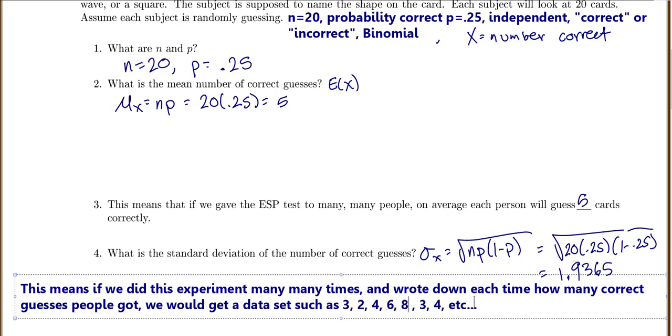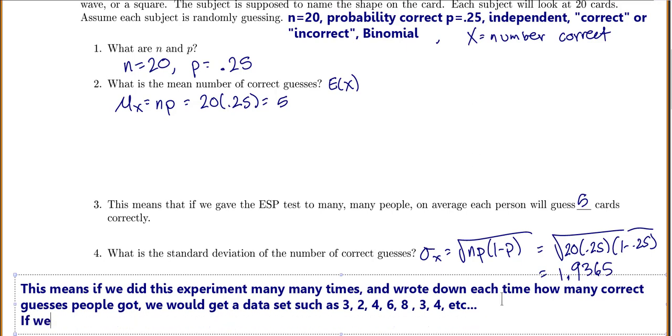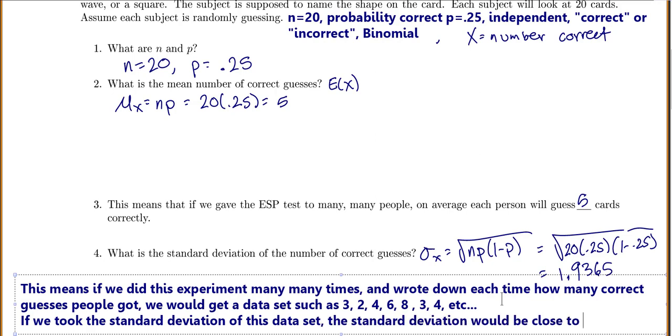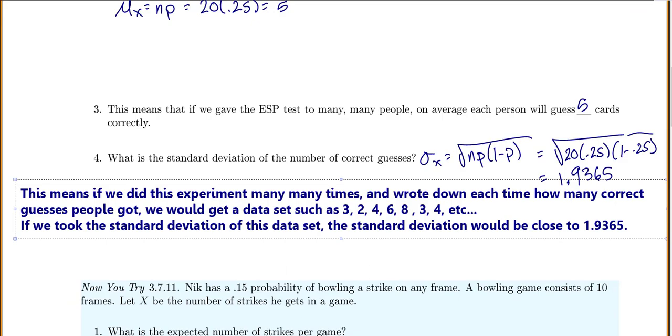Maybe one person got really lucky and got 8. We get a really, really long data set. So if we took the standard deviation of this data set, the standard deviation would be close to 1.9365. And now there's a problem for you to try.